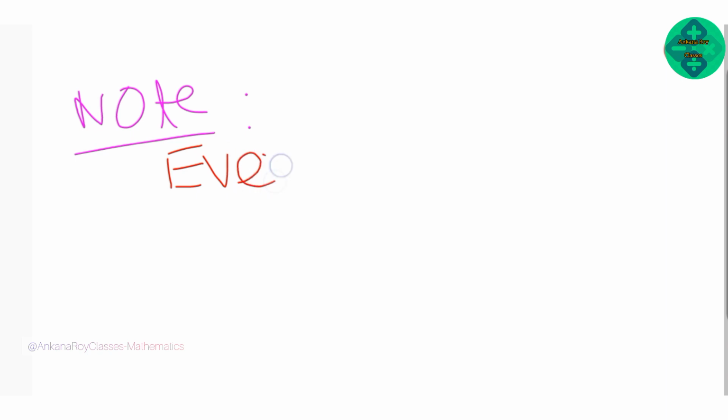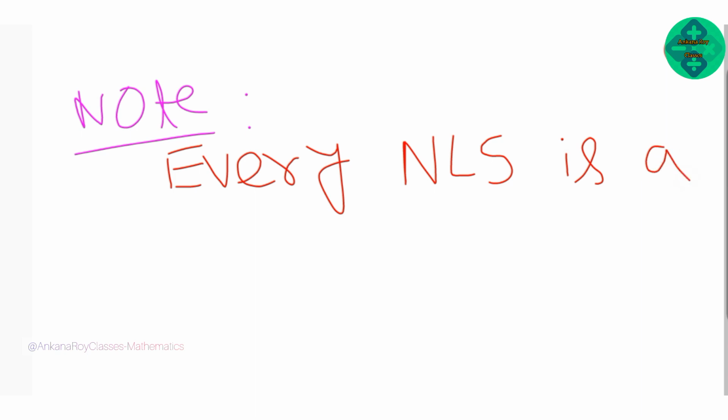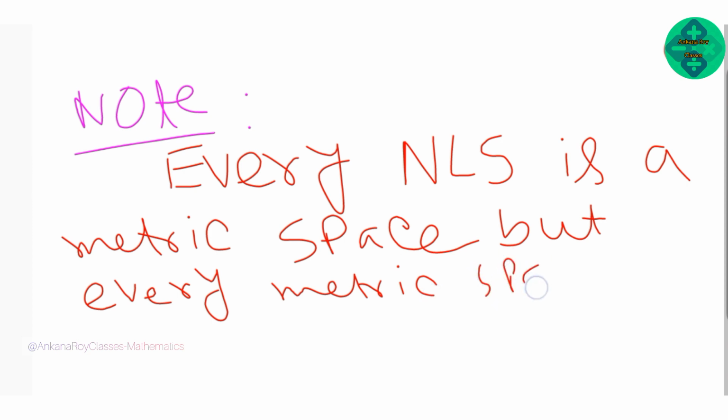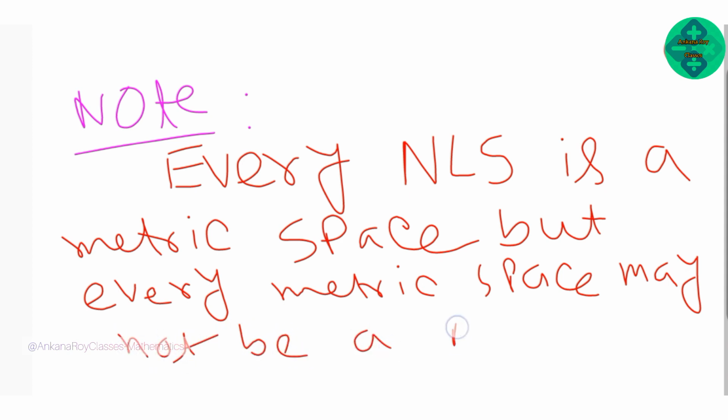Here a very important note is: every normed linear space is a metric space. But every metric space may not be a normed linear space.